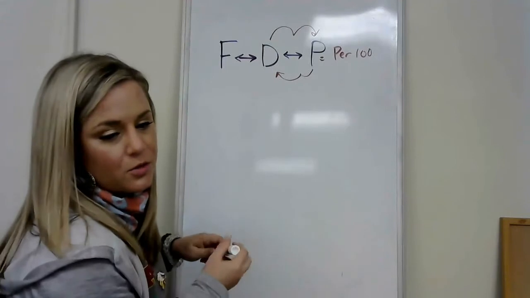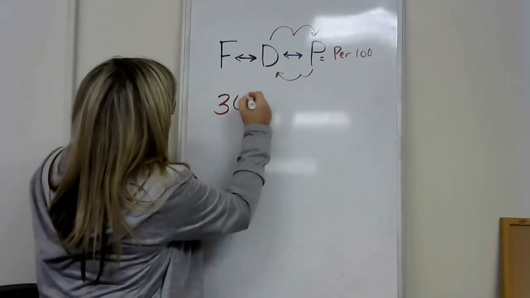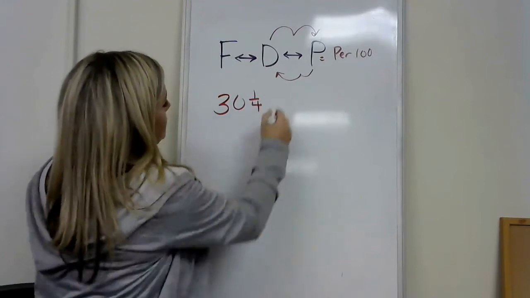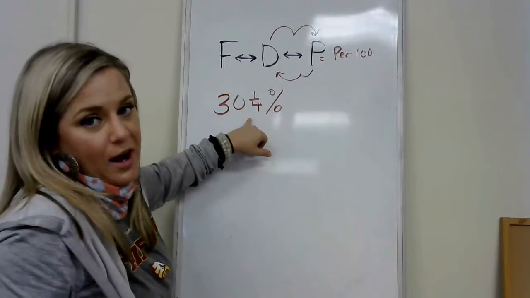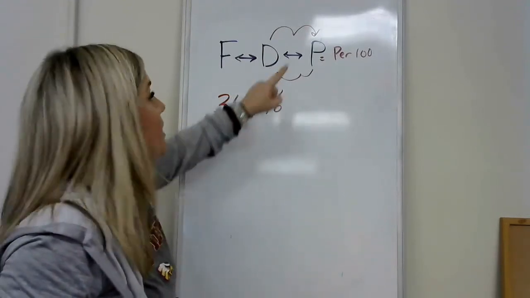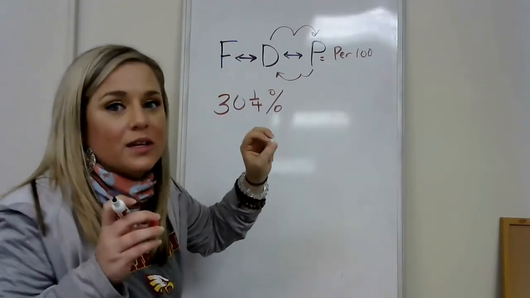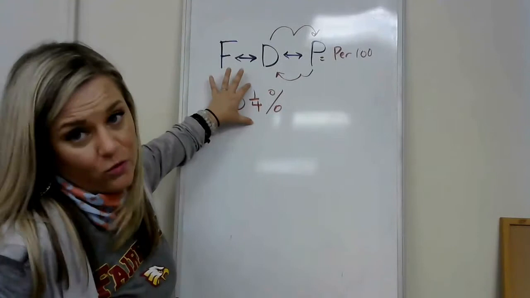All right, let's do 30 and 1/4. This percent overrules fraction. But we need to make the 1/4 into a decimal before we can turn the percent into a decimal. It's still a version of percent when we change this 1/4 to 0.25.